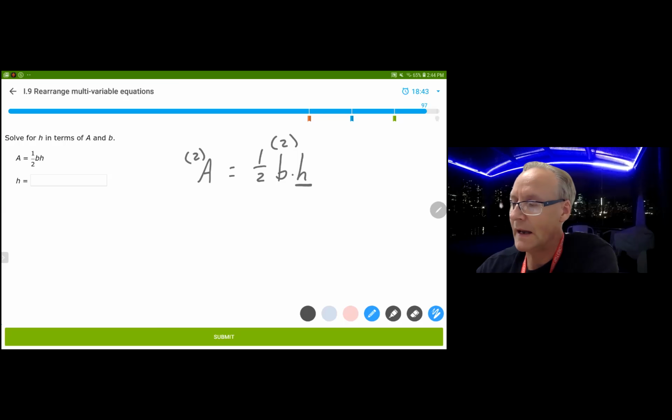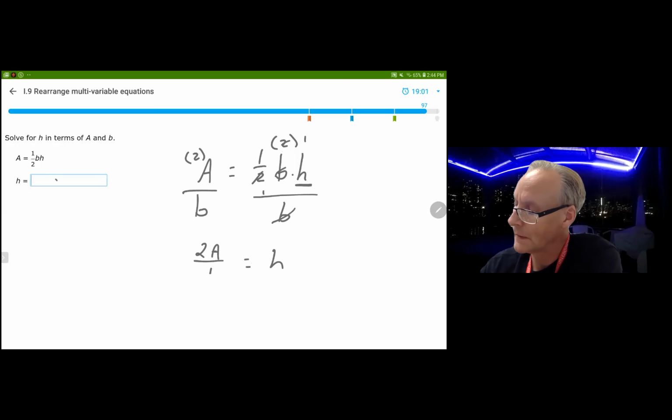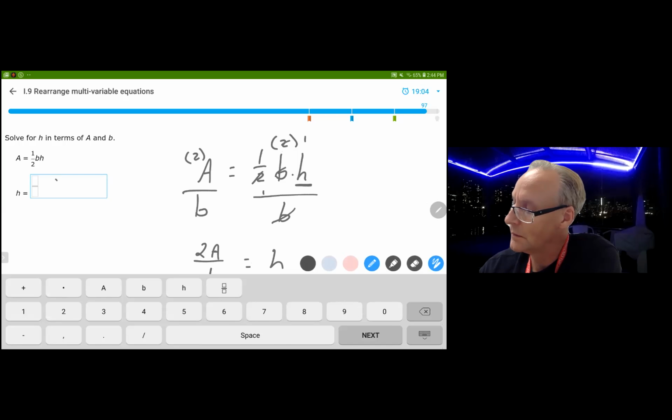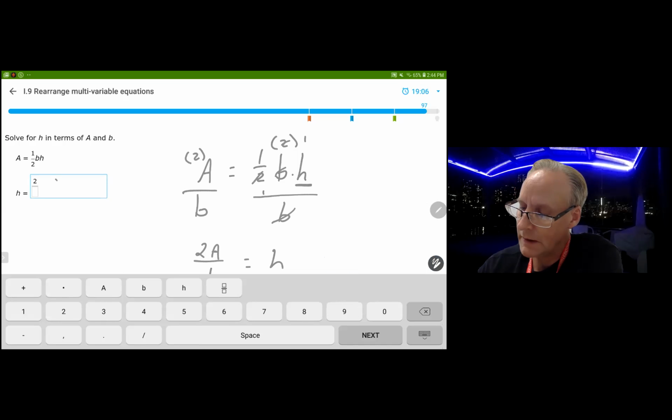And I get 2A. 2's cancel out. I'm almost done. I want to get H by itself, so I have to divide by B. And now I'm done. I have H by itself, and it's equal to 2A over B.